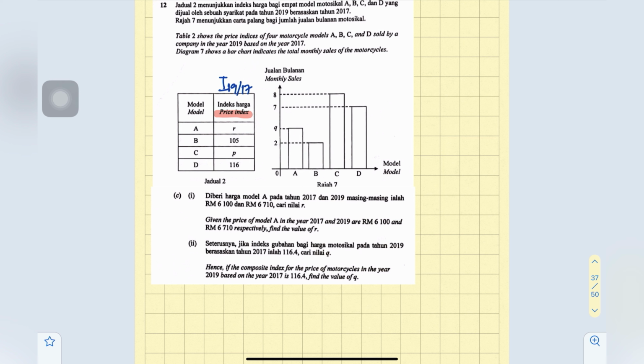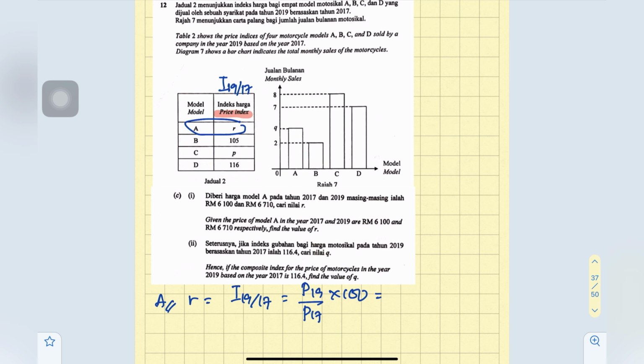12C, given the price of model A in the year 2017 and 2019 are 6,100 and 6,710 respectively, find the value of R. Okay, so nak cari R kat sini untuk model A. Okay, so focus on A. So R is actually I19 base 17 for model A. So this one price 19 over price 17 times 100.